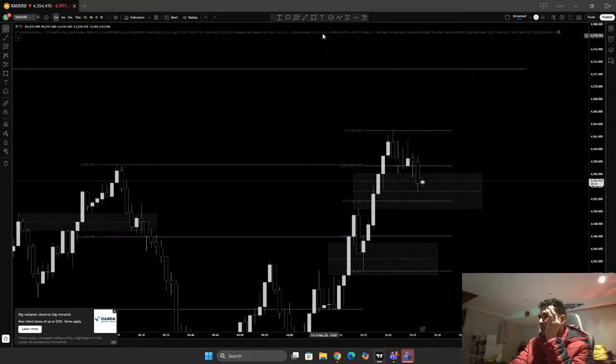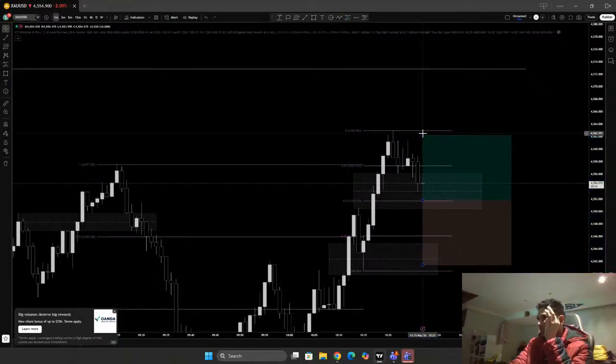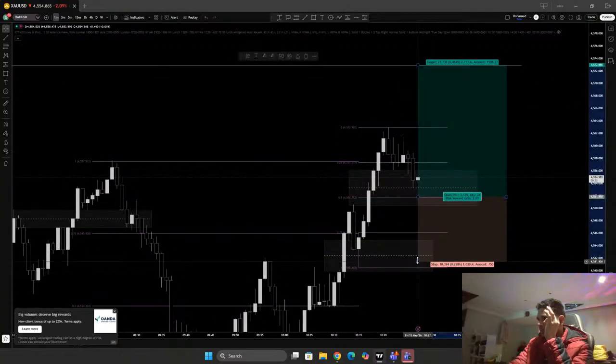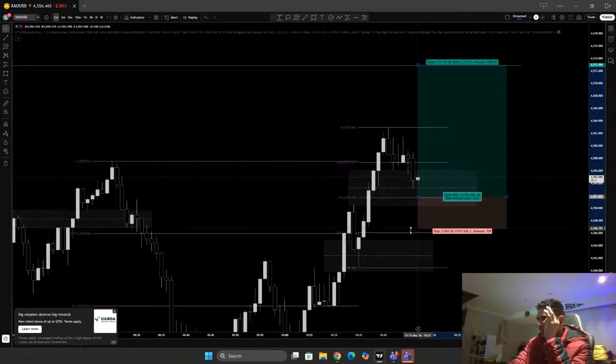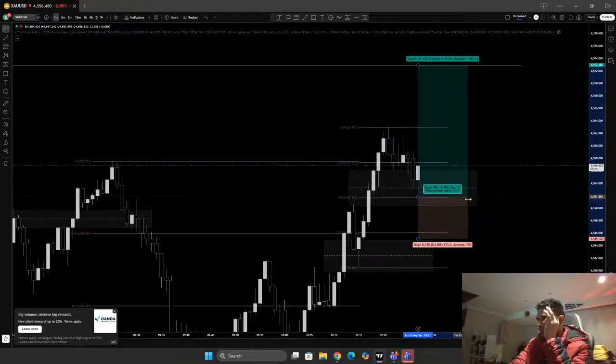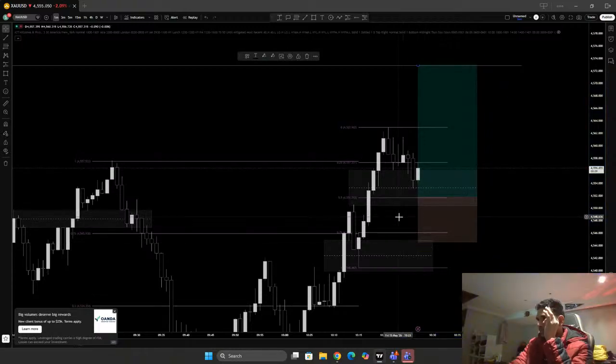This liquidity should be the target. So I want to enter my trade here, at the 50% level, and my target would be this first target, and my stop loss would be where? Stop loss would be here. Little lower.